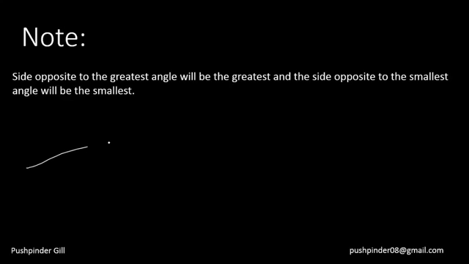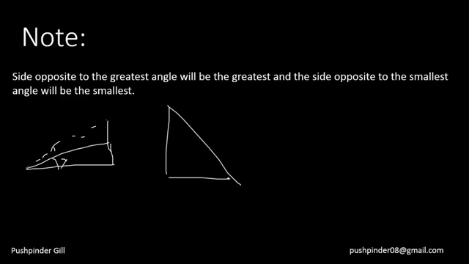Let's say this is an angle X, and this is the side opposite to it. The bigger I keep making the angle, the bigger this side will become. That means the side opposite to the greatest angle is always the greatest side. Similarly, in a right angle triangle, 90 degrees is the greatest angle, and the hypotenuse is always opposite to 90 degrees.